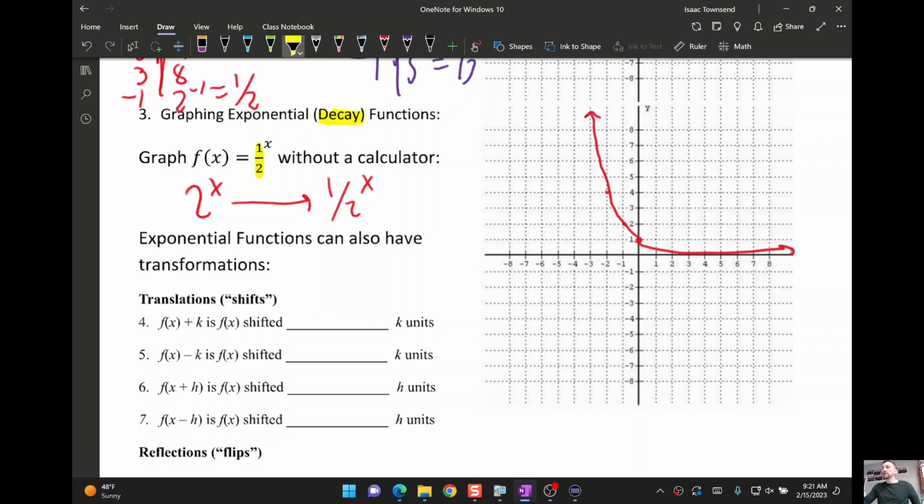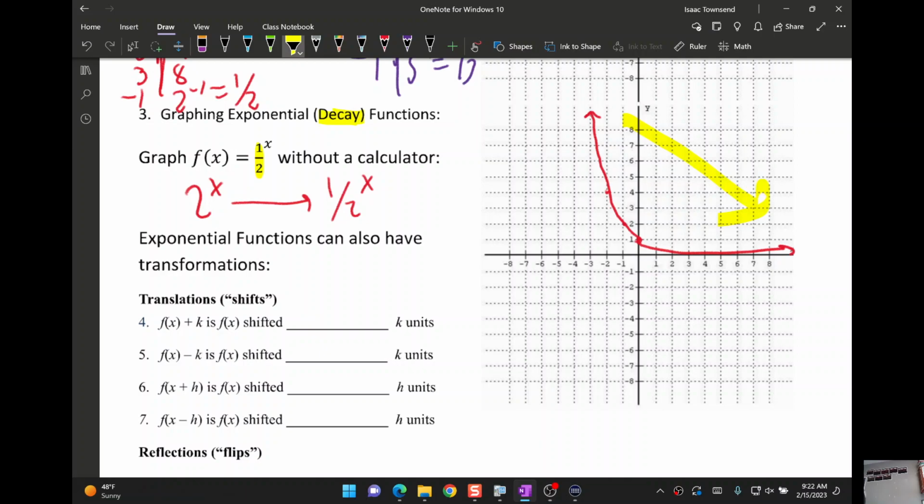Exponential decays go down over time. They decrease. So again, 1/2 to the x, 1/3 to the x, 1/5 to the x, 1/10 to the x. All of those graphs are basically going to look the same. The points are going to be slightly different, but the overall shape and direction of the graph is going to be the same.